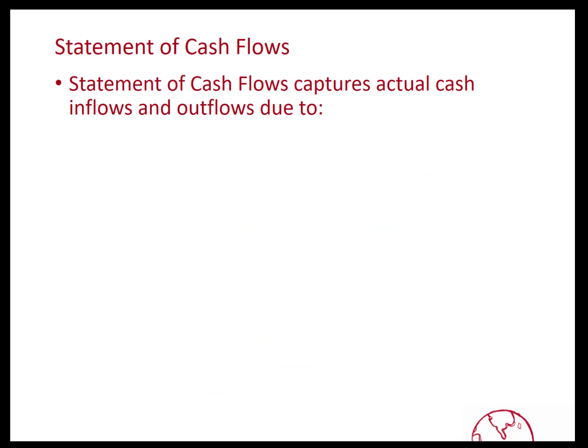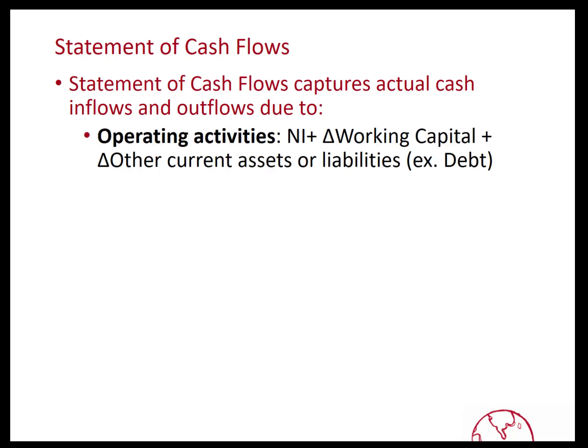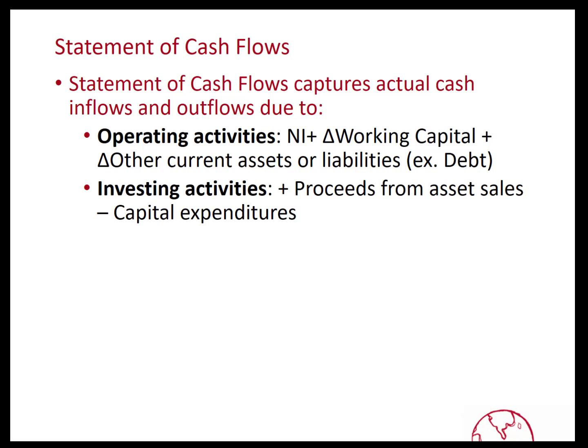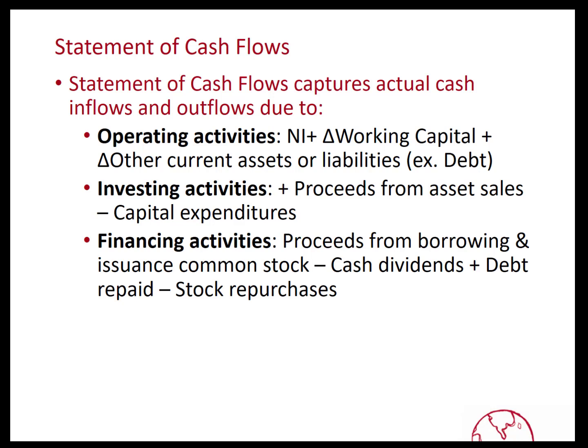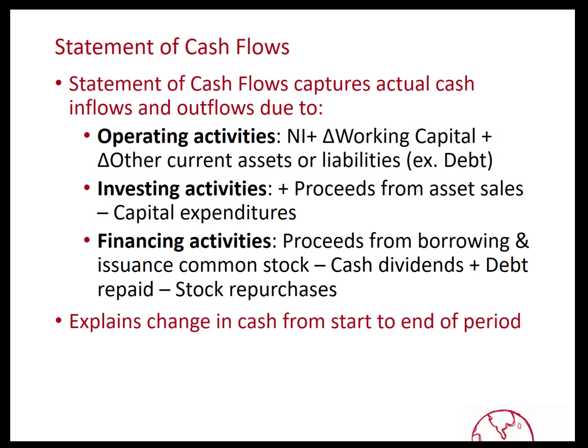So remember that the statement of cash flows is looking at the actual cash inflows and outflows over the course of the year from operating activities, and you see here working capital. From investing activities, which is the sale or purchase of assets, and from financing, which is the sale or repurchase of debt and equity.